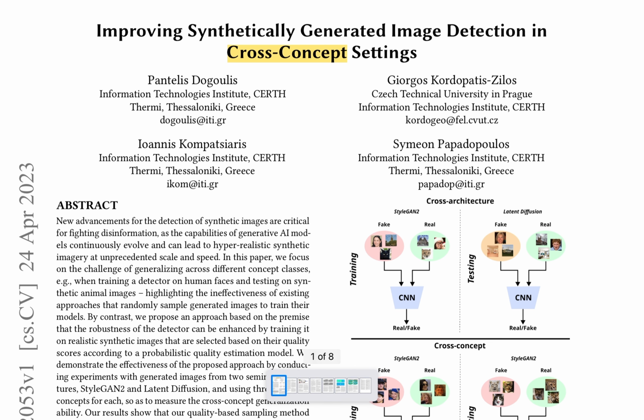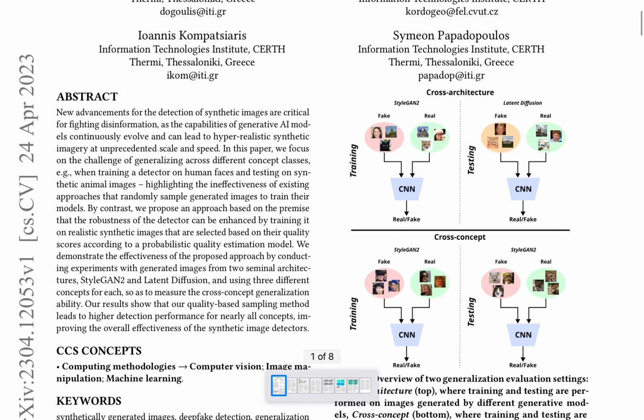Okay. Abstract. New advancements for the detection of synthetic images are critical for fighting disinformation, as the capabilities of generative AI models continuously evolve and can lead to hyperrealistic synthetic imagery at unprecedented scale and speed. In this paper, we focus on challenges of generalizing across different concept classes.